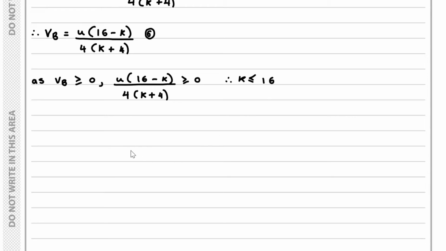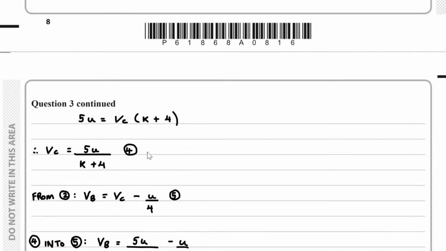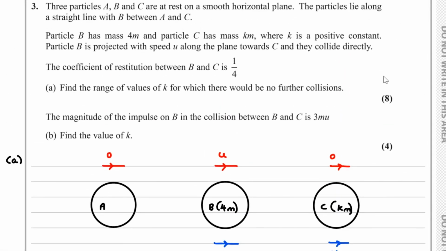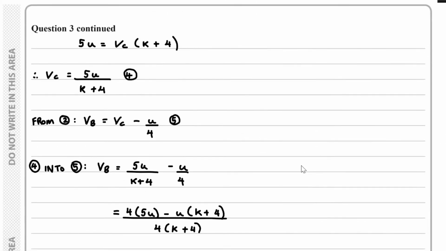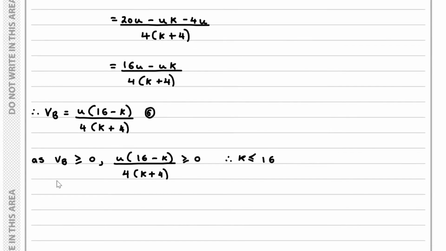As we know from the question that k is a positive constant, we can conclude that the complete range of values is 0 less than k less than or equal to 16.